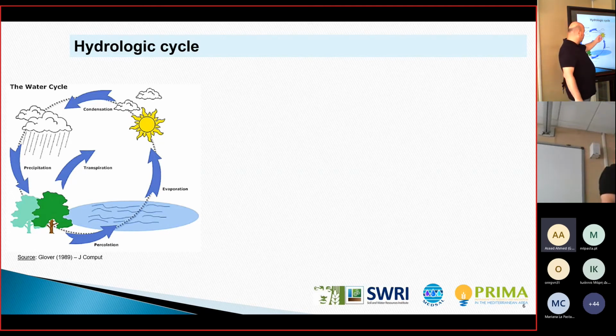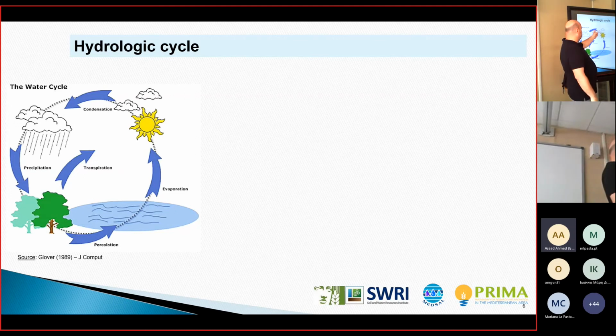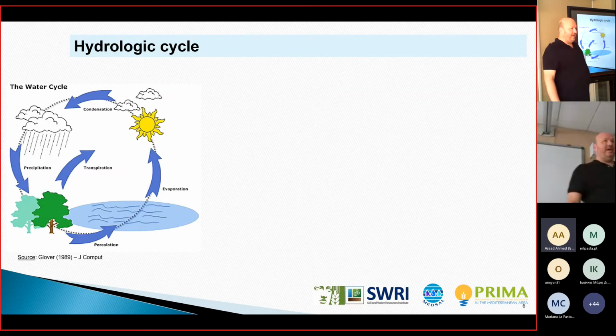The water, with the energy of the sun, evaporates, and the vapor accumulates in the atmosphere, and if the conditions are suitable, condensation occurs and the water precipitates on Earth. Part of this precipitated water is transpired from the plants to the atmosphere again, and the other part percolates to the ocean, and then the cycle starts again.